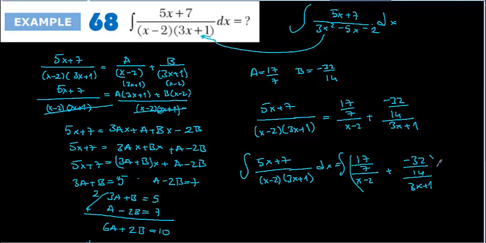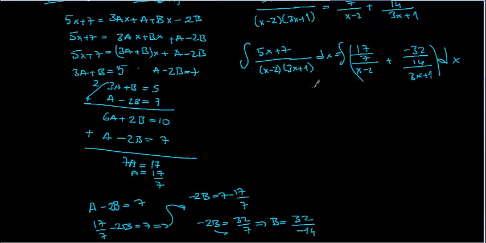And this can be written like here: the integral of 17 over 7 over x minus 2 dx, plus the integral of minus 32 over 14 over 3x plus 1 dx.